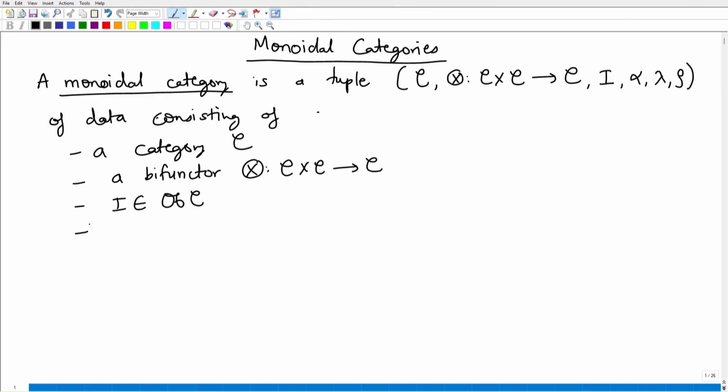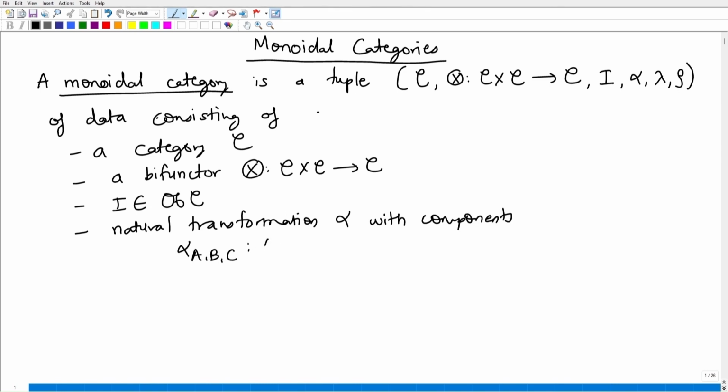Apart from that, we have natural transformations alpha with components alpha A B C from A tensor B tensor C, and look at this notation, what I am writing: I am writing an arrow and making it an isomorphism.